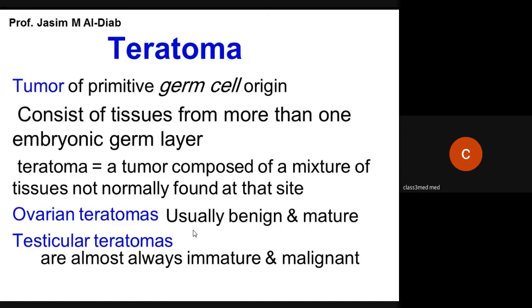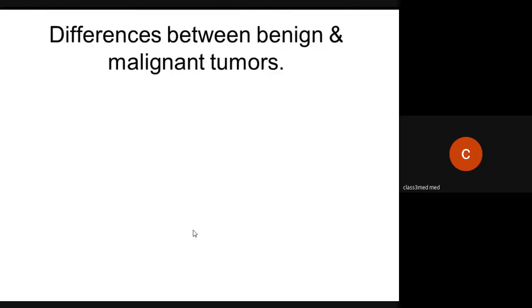So mature teratoma is benign, and immature teratoma is malignant. This subject will be discussed in detail in the female and male reproductive system courses in the next semester.